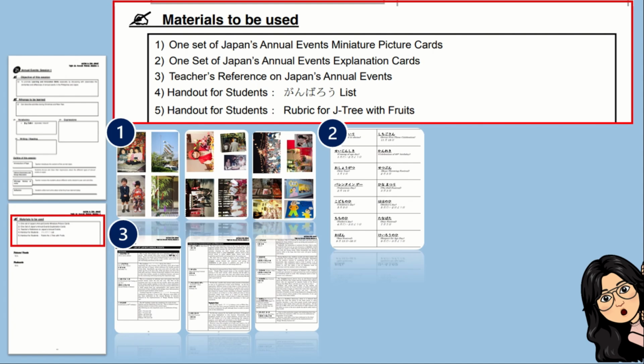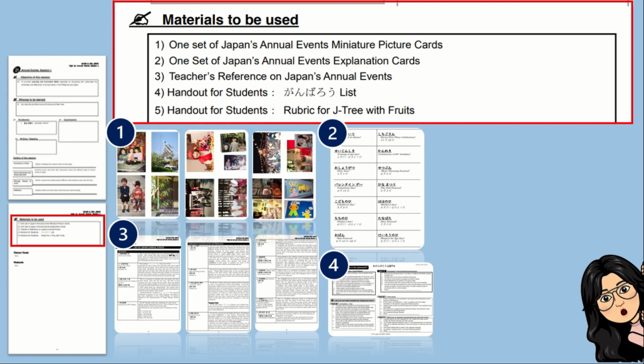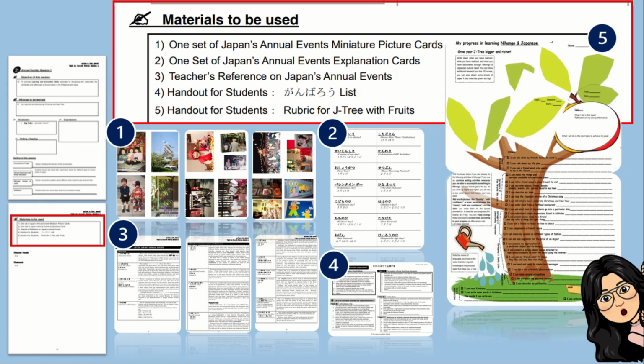Now, a tip, I highly suggest reading its content a week or days before the topic, since for me personally, a lot of foreign information is in here. And it would be great if we can familiarize these information before we start our discussion. And fourth, we have here the handout for our students, the Ganbaro List. And number 5 is the rubric for J3 with fruits, which shows your J3 with the fruits.